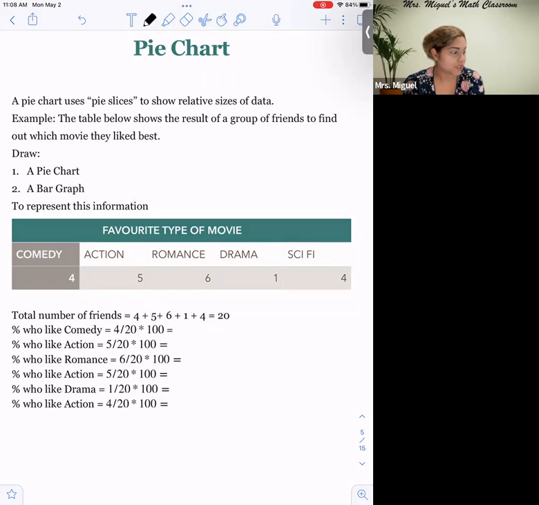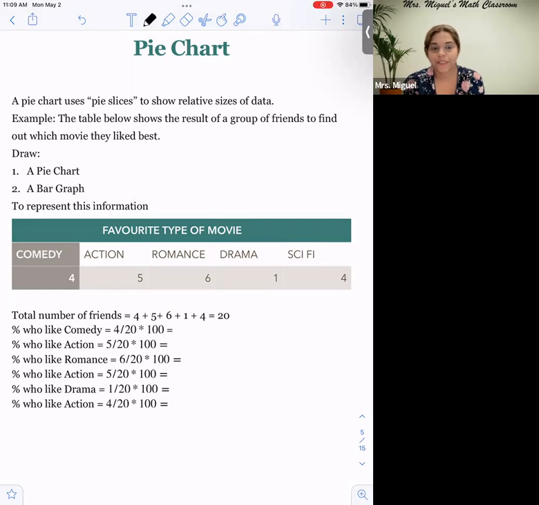So a pie chart uses pie slices to show relative size of data. The table below shows the result of a group of friends to find out which movie they like best. So we are going to draw a pie chart and we are going to draw a bar graph this morning.